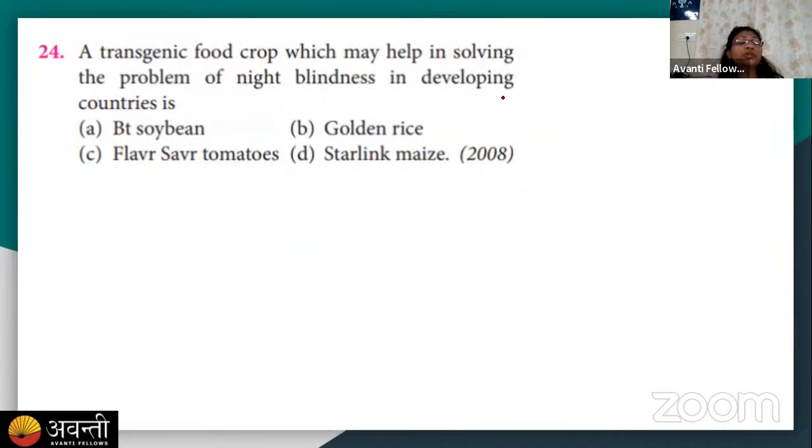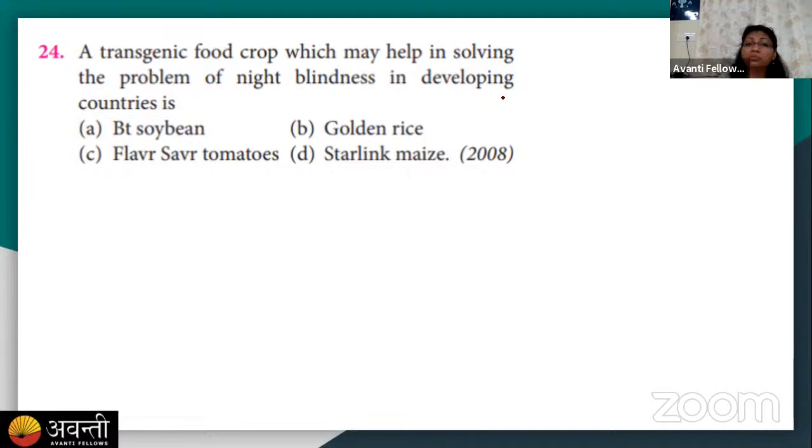Okay. So your question number 24, it says, a transgenic food crop which may help in solving the problem of night blindness is developed in developing country is. Now we are using a genetically modified crop which is enriched in some nutrient which prevents the deficiency, or we can say which prevents night blindness.